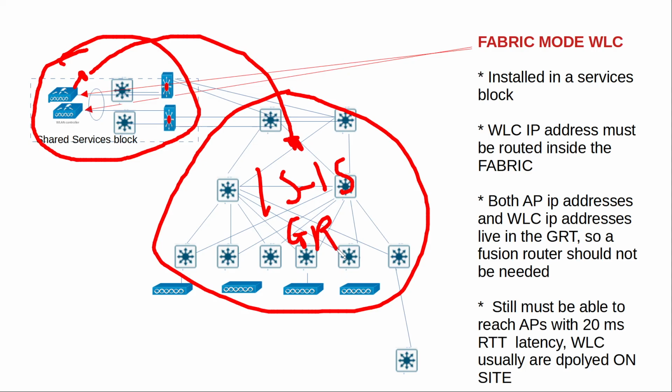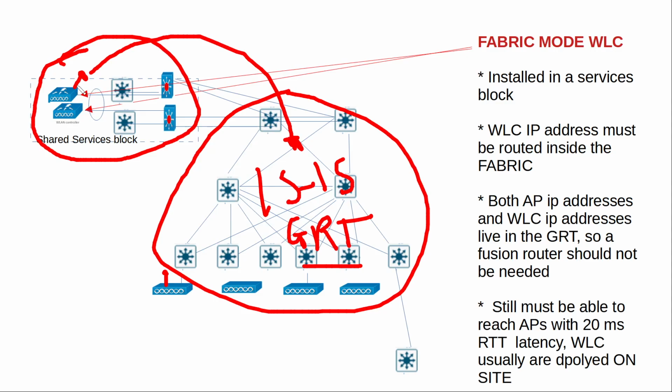Remember that in the underlay we have a global routing table that is created by a routing protocol. And in order for your access point to be able to talk with the wireless LAN controller that is connected outside the fabric, the IP address that belongs to the wireless LAN controller should exist in the global routing table.